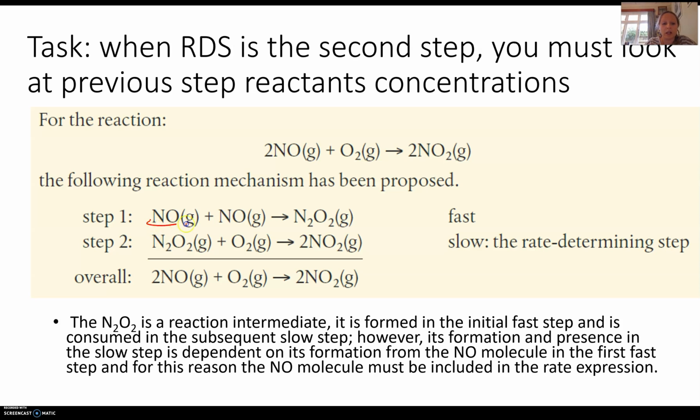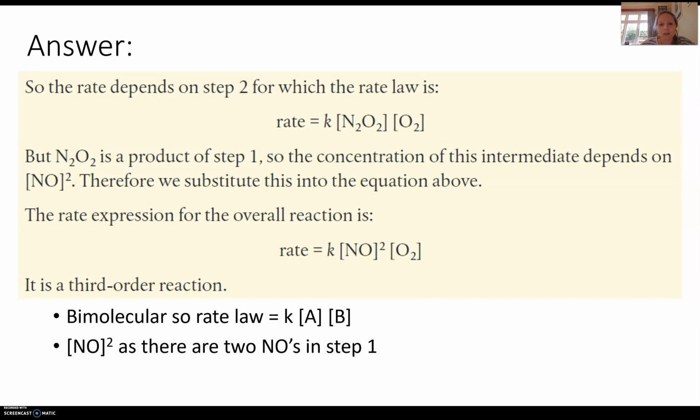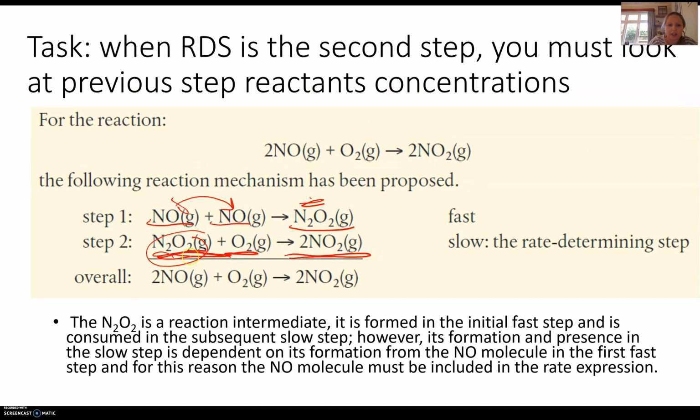So step 1, you've got NO and NO forming N2O2. And then the rate determining step is the N2O2 and the O2 forming 2NO2. Now, what you've got to keep in mind here is that if this is the rate determining step, then how was this made? These two made this, so they have to be included somehow. So what we do is we look at this is what you would have if you were just writing from that equation, but we know that that's not correct because N2O2 is made from these two.